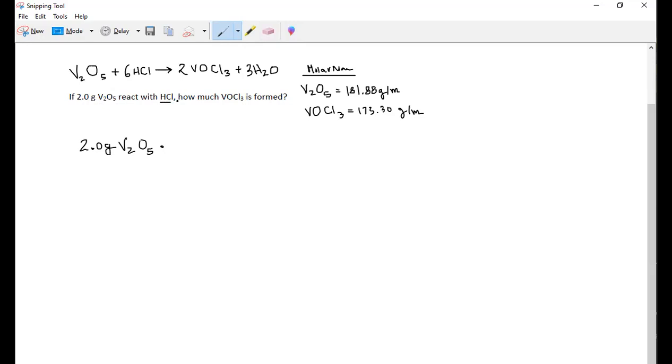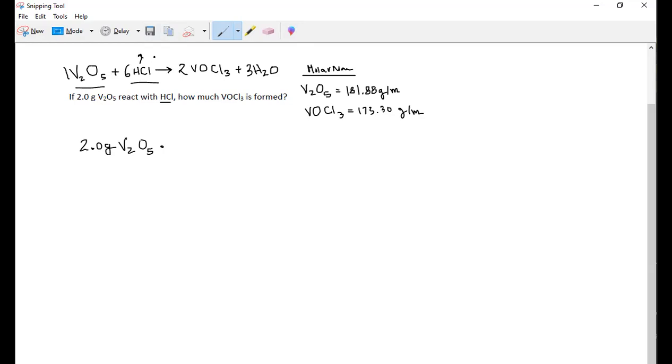But the fact that it explicitly states it in the problem statement is unnecessary, because we know that we can make a ratio, a conversion between reactant to reactant. In other words, if we had these two reactants here, 1 mole of V2O5 plus 6 moles of HCl, that's essentially our proportion of reactants.